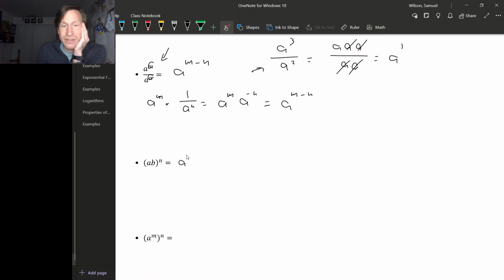All right, next up is what if you have a product to a power. So it turns out that the power kind of jumps onto each part of the product like this. Again, for positive integers, this is pretty straightforward to see. For example, if it's cubed, well, a times b cubed, that's ab times ab times ab.